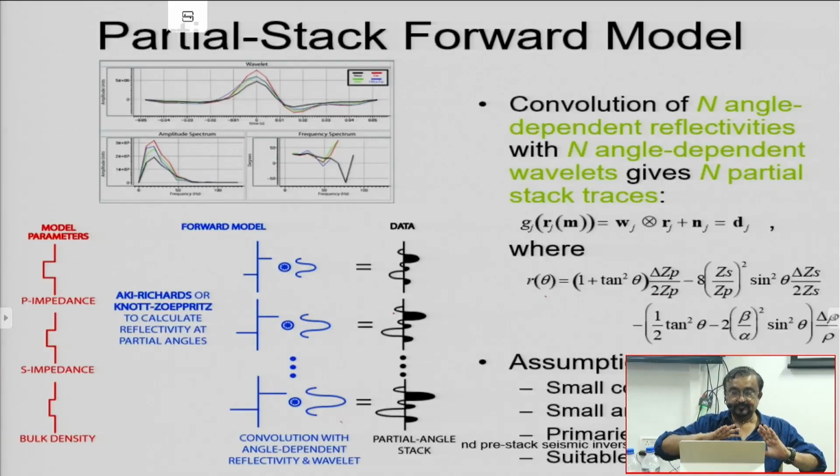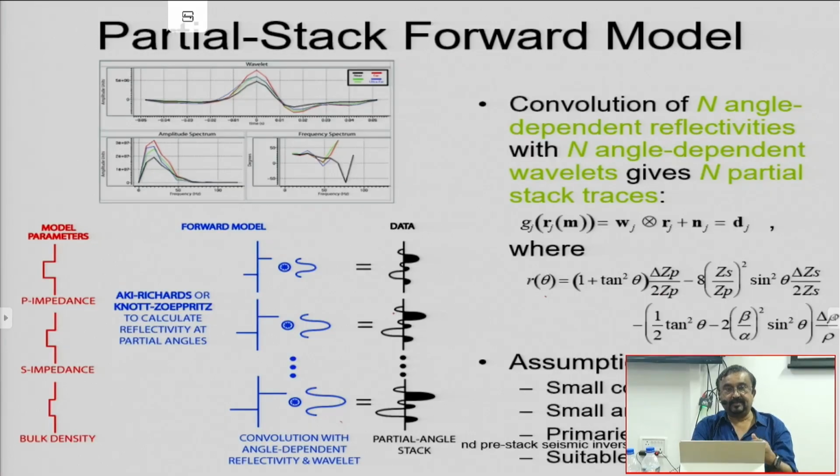Otherwise, this is no different from post-stack. What are the differences between post-stack and pre-stack? In post-stack, you have only one trace per CDP, and the model parameter is acoustic impedance, right? And we use the wavelet and the post-stack reflection coefficient.